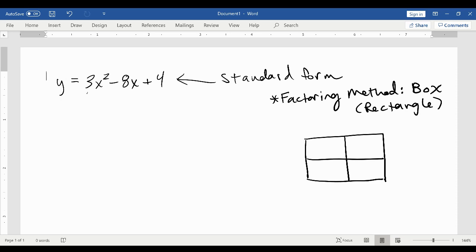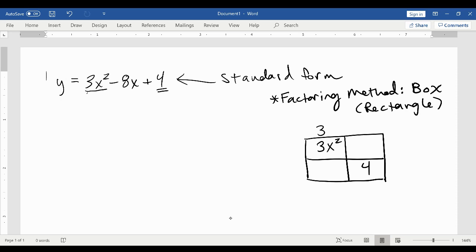And the first thing that I do is I put the x squared term in the top left. And then I put the constant, the term that does not have an x in it, in the bottom right. And then the very first part of the length and width I usually fill out is what would multiply to give the 3x squared.